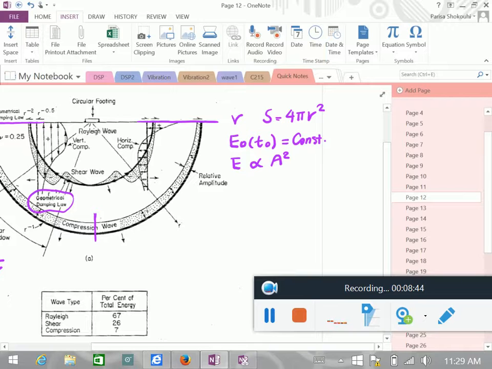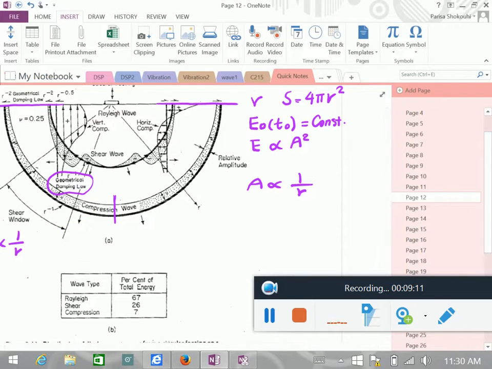If we go from one location to the other, the area is changing proportional to r squared, and the energy is proportional to amplitude squared. So the amplitude will be proportional to 1 over r. Correct?